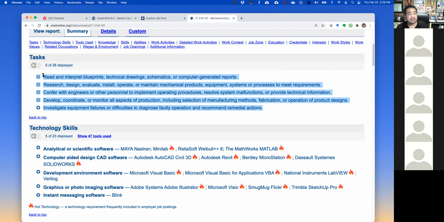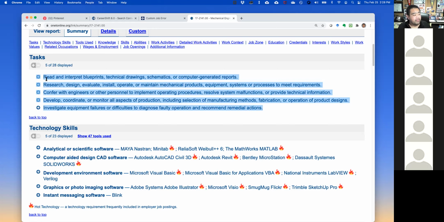And I say that because these are based off of job descriptions compiled by the Department of Labor, and it's compiled via job searches or search engines and job postings. Okay, so keep that in mind. If you have experience or skills within these specific tasks, maybe consider rephrasing your resume to include this language.